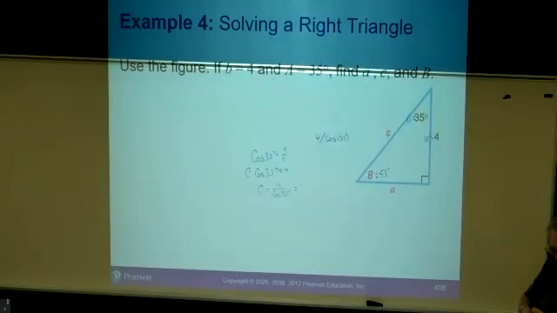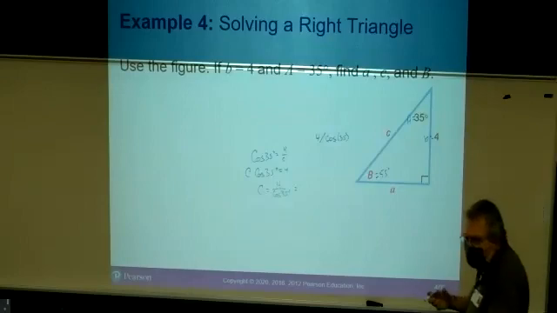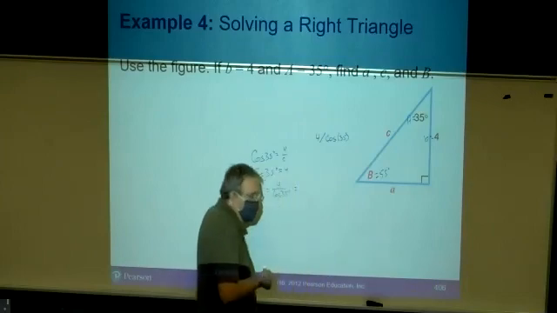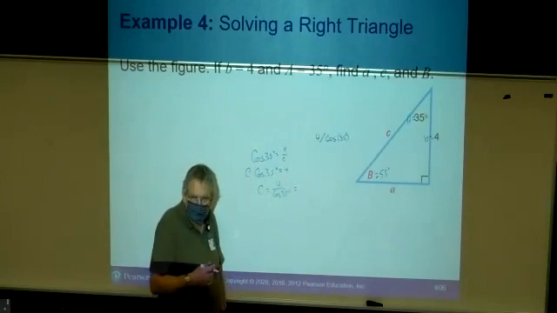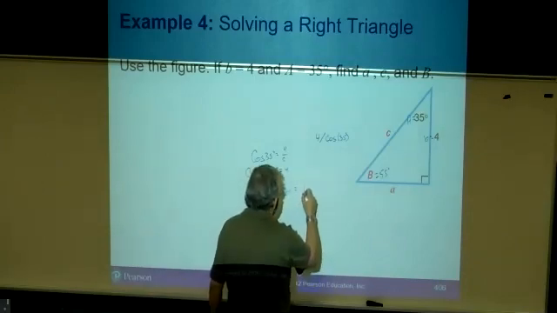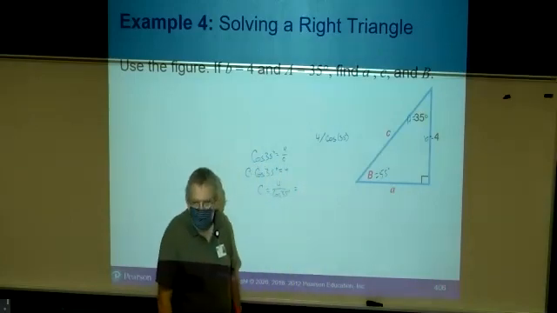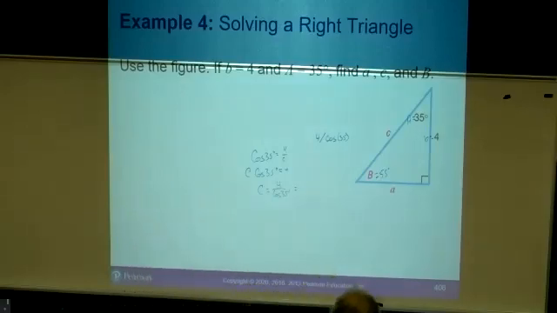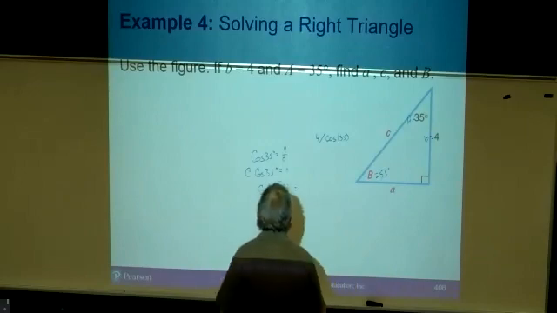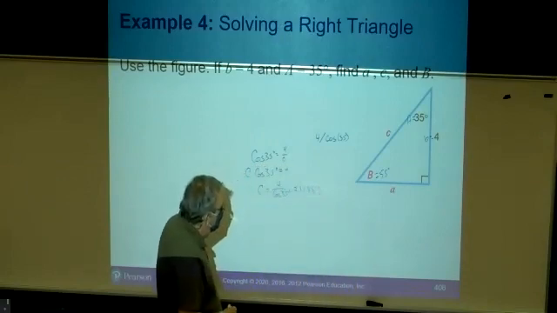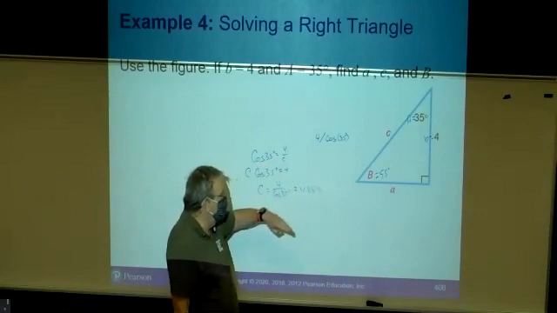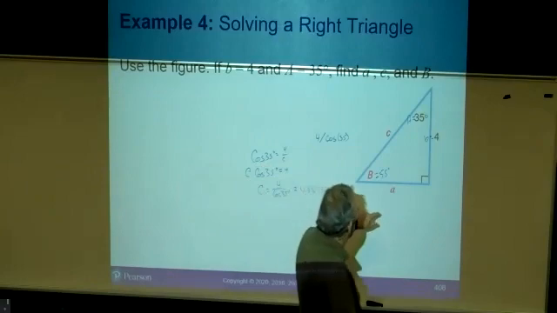So what do we get? 4.883. And we'll go ahead and keep the 3 decimal places when we finish calculating the rest of it.